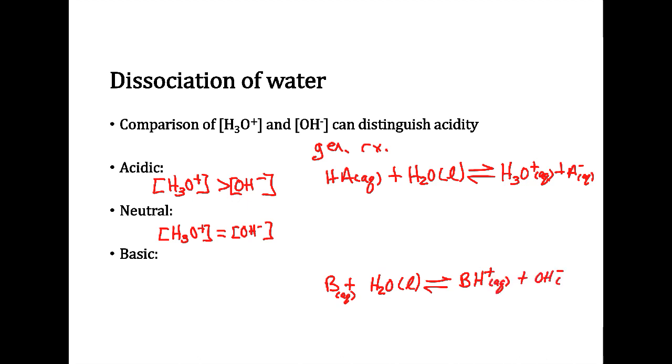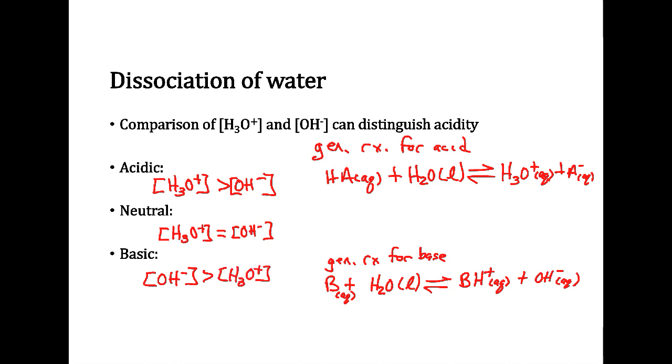So we can see for the general reaction for a base that we're going to end up with more hydroxide present than hydronium. We could write the expression like this.